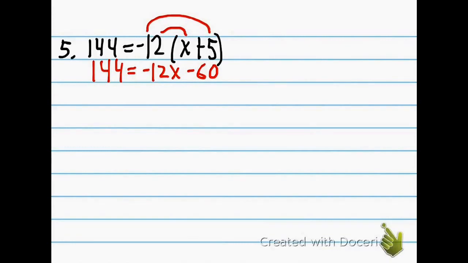So the first thing that's happening to our x is that it's being multiplied by -12. And then the next thing is that it's being subtracted by 60. So instead of subtracting by 60, you add 60.